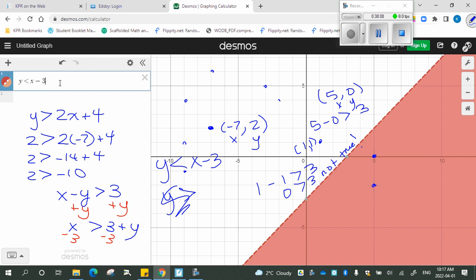What was the other one, the first one? X plus y equals 5, was it? Okay, so let's see. If we start out with x plus y equals 5, we want y by itself. Oh, sorry, what was it, greater than 5? Greater than or equal to 5? So we subtract x.